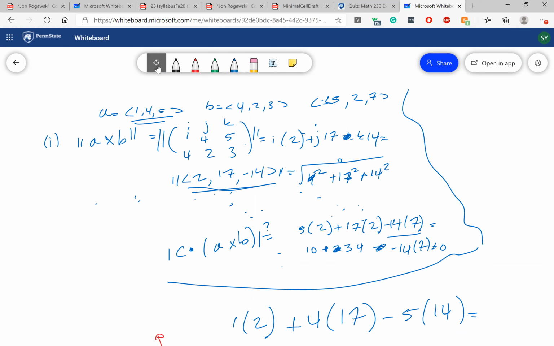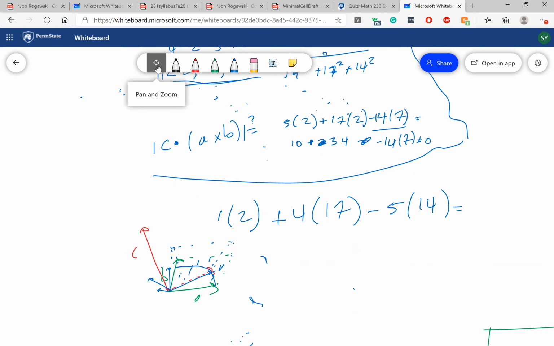So 2 plus 4 times 17 is 68, and then 5 times 14 is 70. Perfect. I'll trust that it works with the other one too.